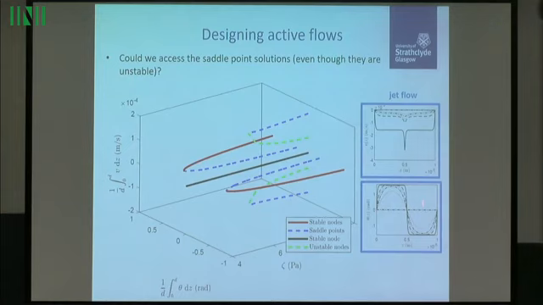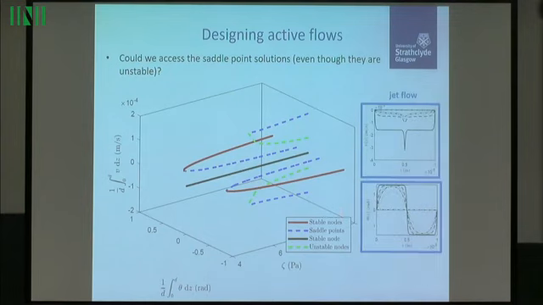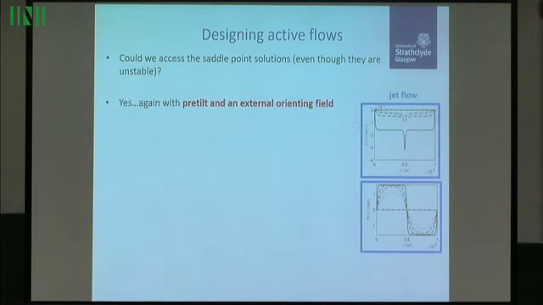As soon as I put on an orienting field, this structure will emerge rather than this structure. If I then relax that, it will transiently go towards this type of jet flow. I could then periodically do that, applying that orienting field, and it will keep it close to my saddle point. Okay, so I can do it with pre-tilt.